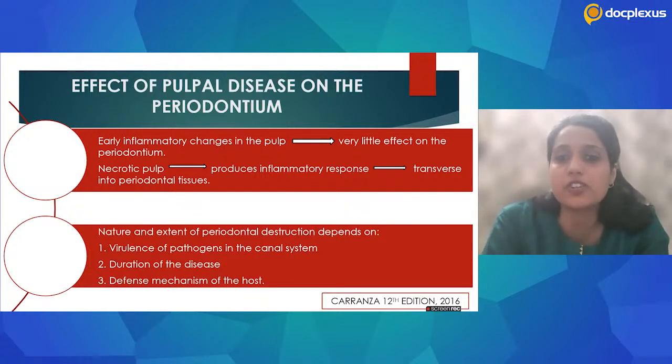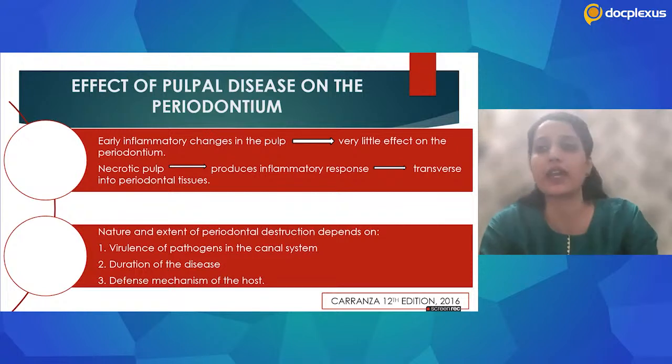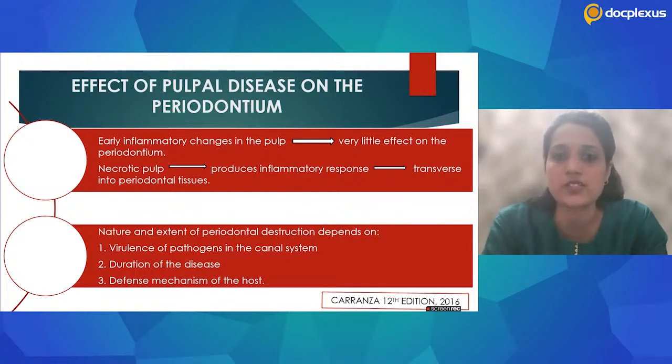Also, the nature and extent of periodontal destruction will depend on the virulence of the pathogen in the canal system, the duration of the disease, definitely whether it is acute or chronic, and the defense mechanism of the host. Definitely, it is very important.